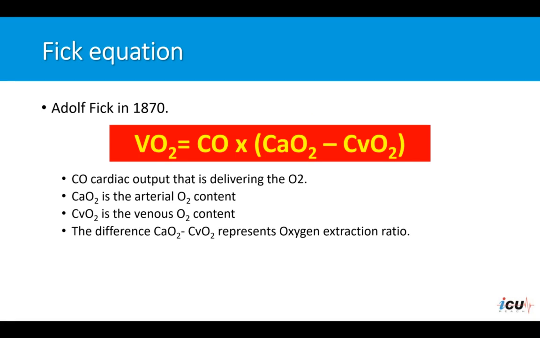So the indicator here is the oxygen, and if we know the arterial oxygen content and the venous oxygen content, we can get the difference between them, multiply it by the cardiac output to get the oxygen consumption.